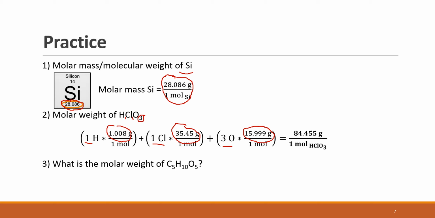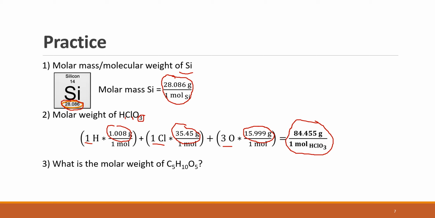Some periodic tables only go out to 2 decimal places and some go out further. So the slight differences will still get you the correct answer. So calculating this all out, we get 84.455 grams per mole for the molecular weight of HClO3.